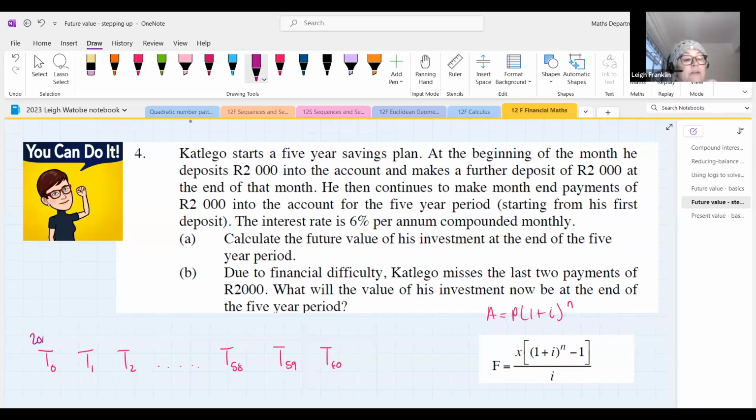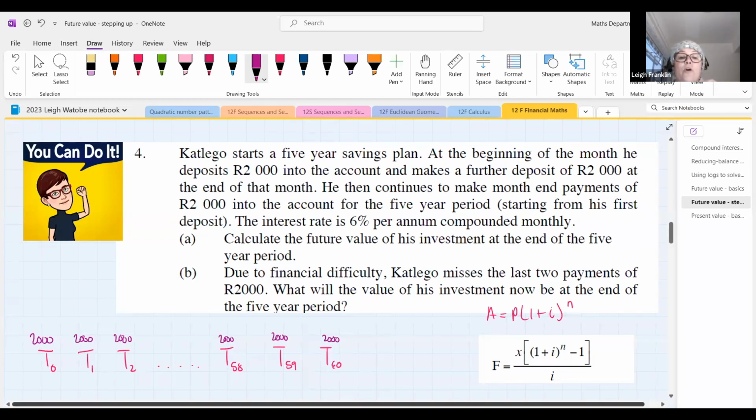So he does that over there. That's at the beginning of the month. And then at the end of that month, he makes another payment of 2,000 Rand. So this is like an annuity due in the beginning. And then he makes month-end payments thereafter. They want us to calculate. So he does it there, and then again at the very end over there.